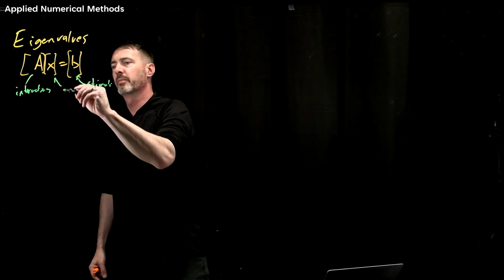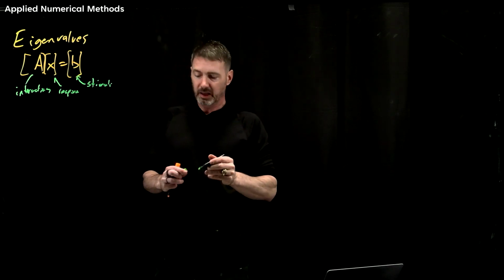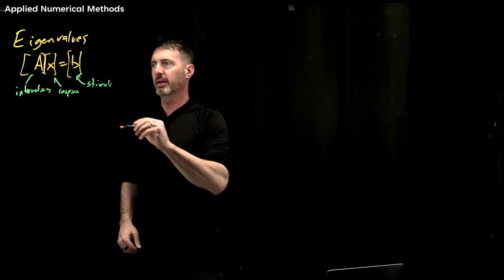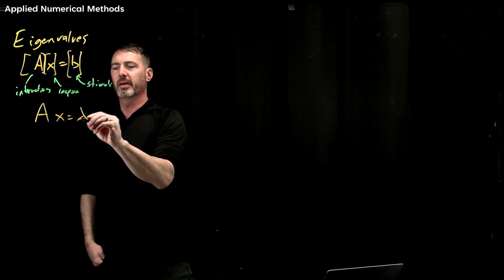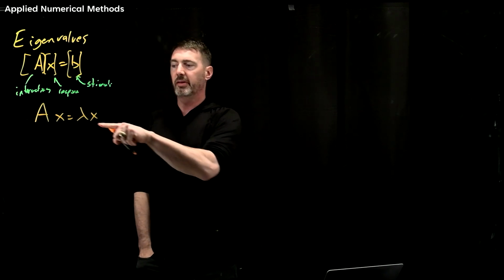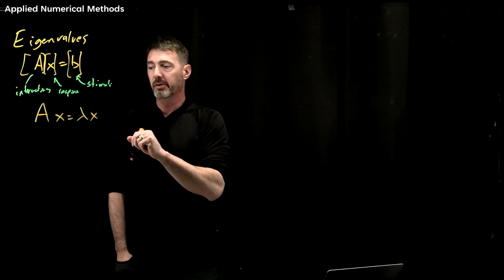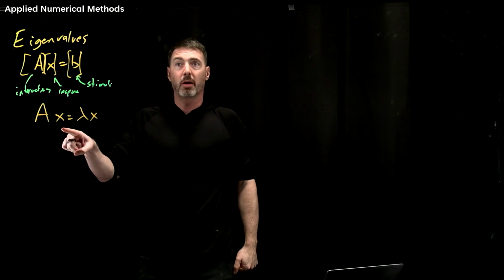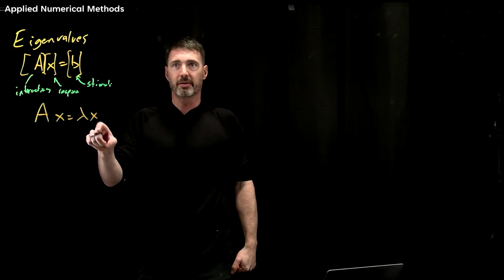An eigenvalue problem is simply asking, not b as a stimuli, but A x equals lambda x. Lambda is just a number, and it can be a complex number, but it's a singleton number. So this is saying that my response is some multiple of my stimuli. That's what you're solving for.